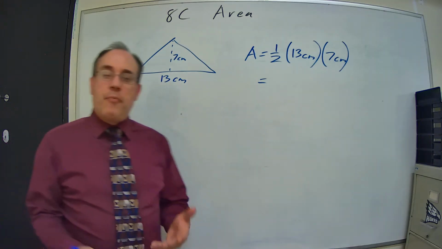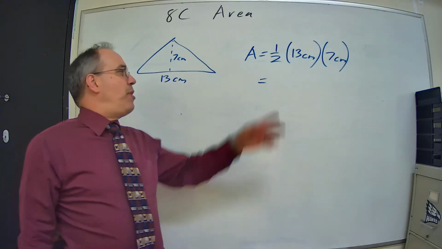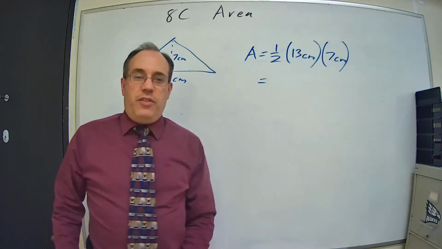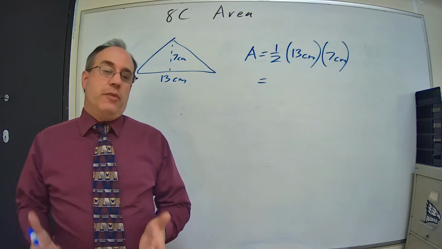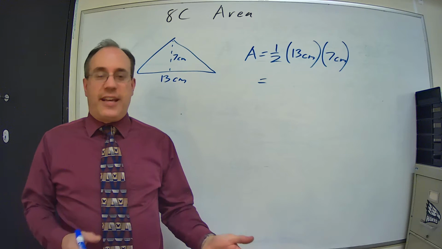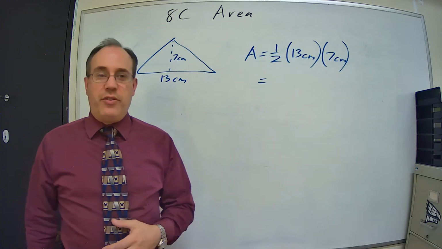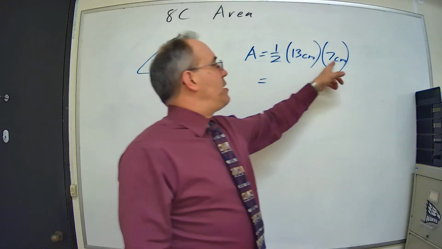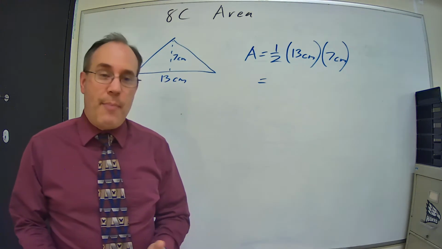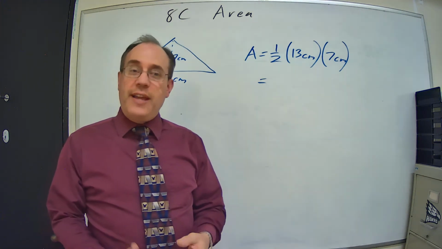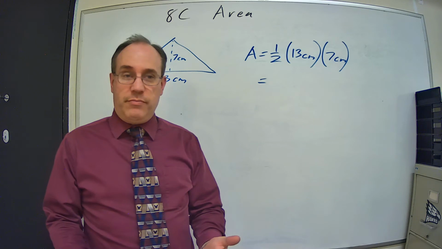Now, you remember when doing perimeters, I started out by putting in the units, and then I just eliminated them and said I can just add on the units at the end. I'm leaving these units in here because I want to demonstrate what happens when you're finding area. When you're finding area, you're multiplying.